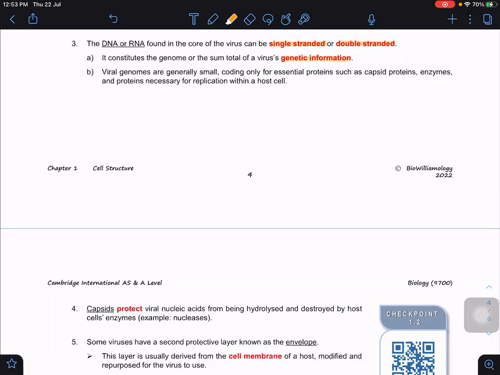Why does the virus need it? Because this genetic information is something like our genes. Without the gene, we won't have the protein. For example, the amylase, the enzymes, the proteins, the hormones are all already stored in the genetic information in our DNA. So basically, I call it a cookbook. Are you clear? It's basically a cookbook.